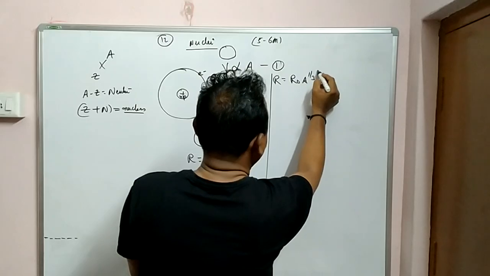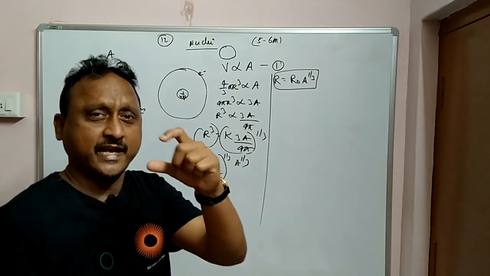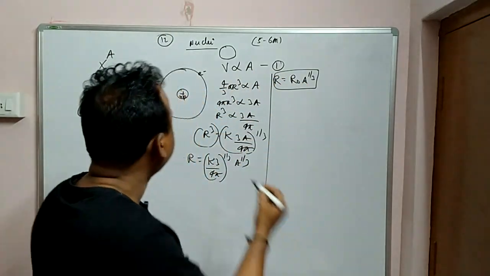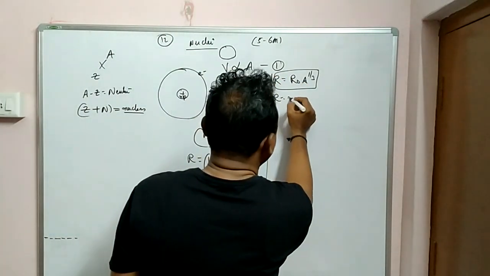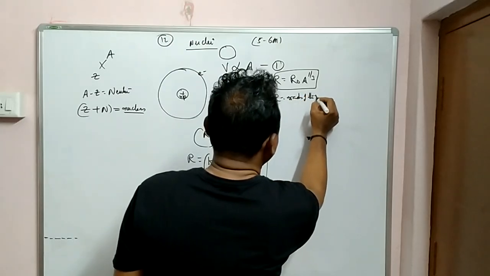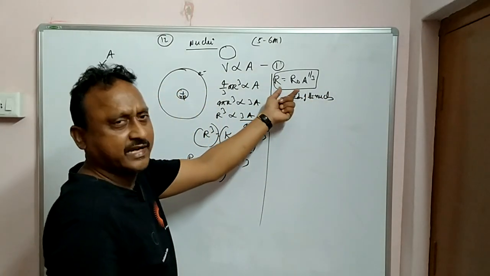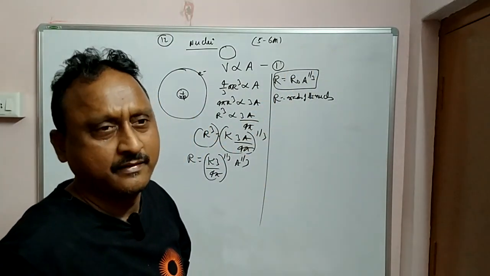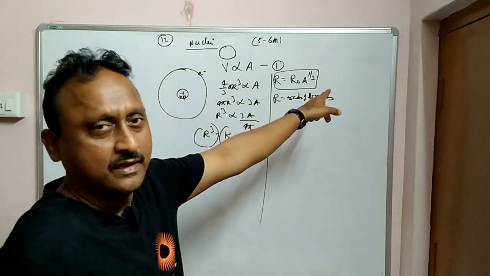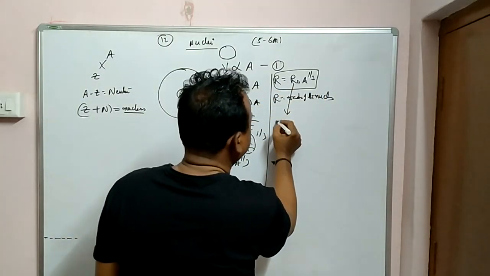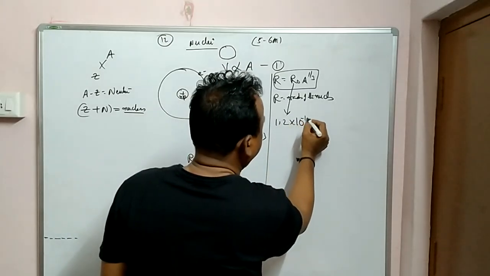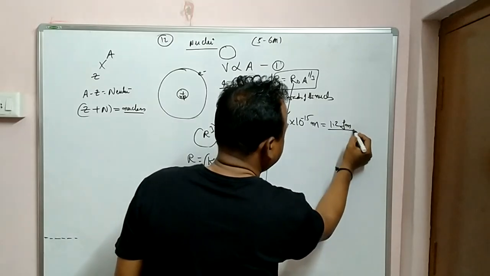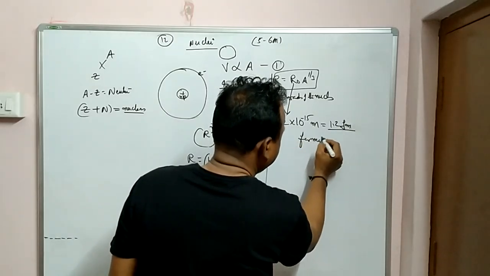So the radius of the nucleus is r naught into A^(1/3), directly proportional to the mass number, and this r naught is the constant of proportionality, whose value is 1.2 into 10 to the power of minus 15 meters, or almost equal to 1.2 Fermis. Fermi is the scientist name.